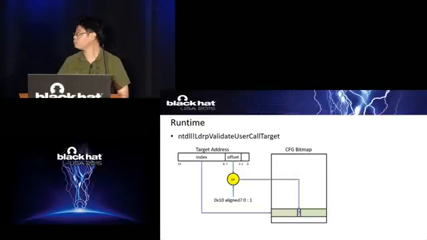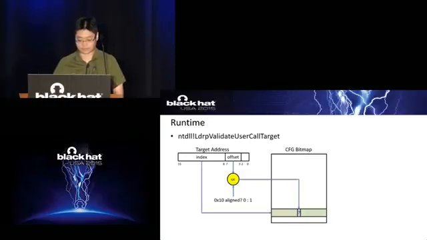This is how it tests the address. It will use the highest 24 bits of the target address as the index and treat the CFG bitmap as an array of 32-bit integers.